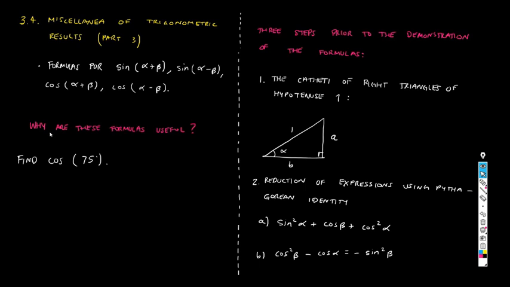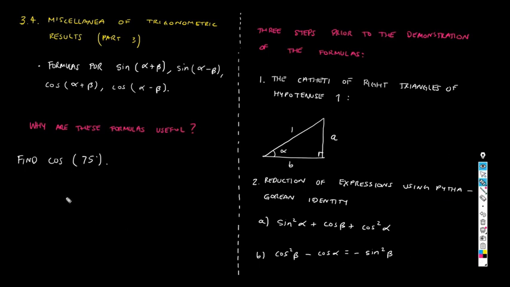Okay, so why are these formulas useful? Well, suppose that I give you this problem: find the cosine of 75 degrees. A lot of people are going to fall into this mistake.